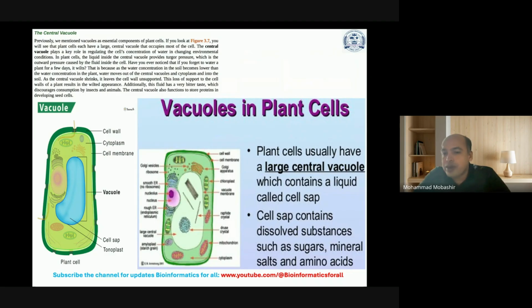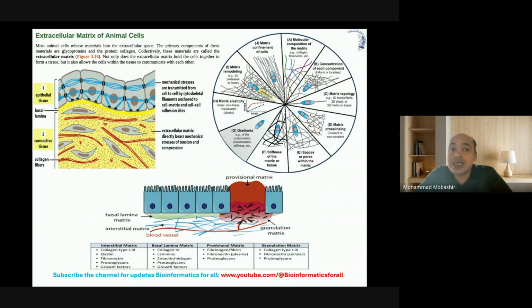What is quite important here? What is the central role or key role? So its key role is in regulating the cell's concentration of water in changing environmental conditions. So now you can understand why it is important and what is the significance of the presence of the central vacuole. Now it comes to ECM or extracellular matrix, which is present in animal cells.